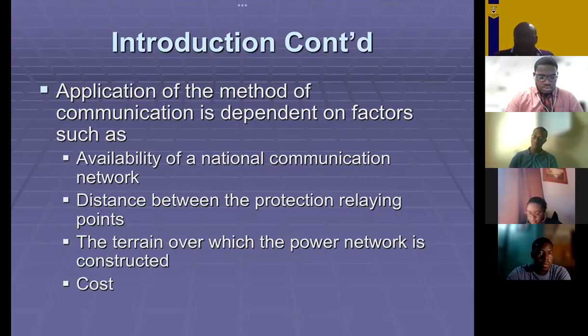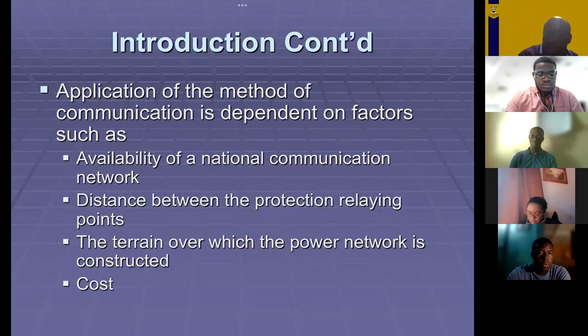The second limiting factor would be the distance between the relaying points. As we mentioned, for your pilot wires, which would form part of your voltage balance system, that would limit us to the feeders, right? The length of the feeder that you would use such a system on. And then next, the terrain.